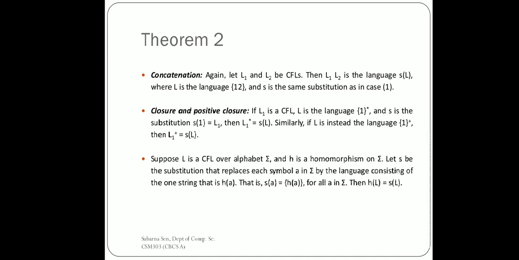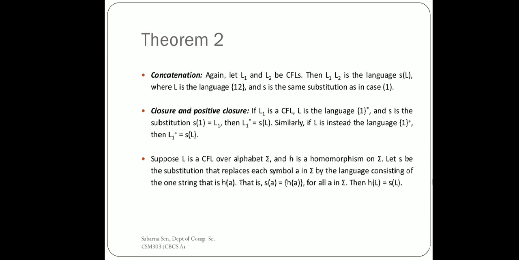Similarly it will be for closure and positive closure, that is if we have a language L1 star, we can use S1 as L1 and follow similarly, and for plus the same thing will work, right? And the same for homomorphism. You can just follow the study material or the book which we are referencing.